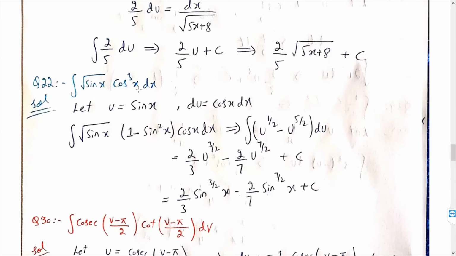Cos square x is equal to 1 minus sine square x. So I can do this. Simplify my expression. So I'm getting this expression. Taking the integral of u raised to the power 1 by 2 and u raised to the power 5 by 2, I'm getting this expression, and doing back substitution, this is the answer.